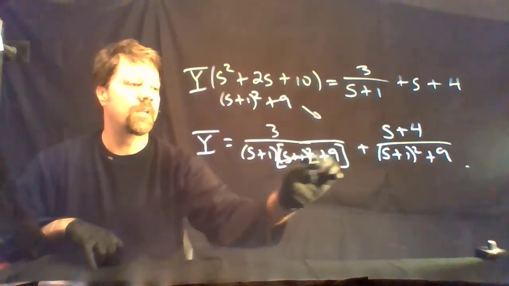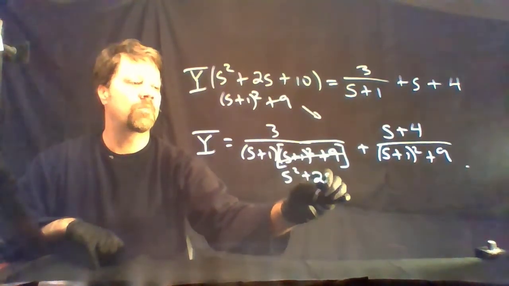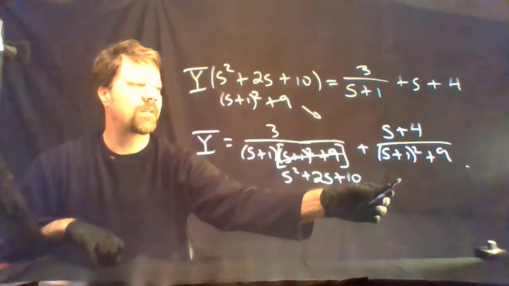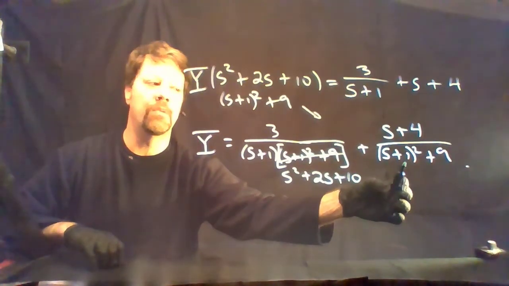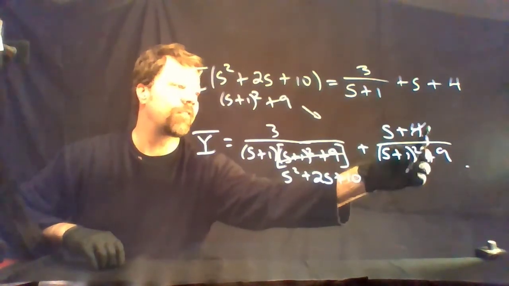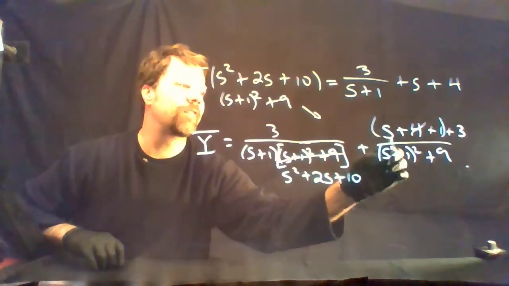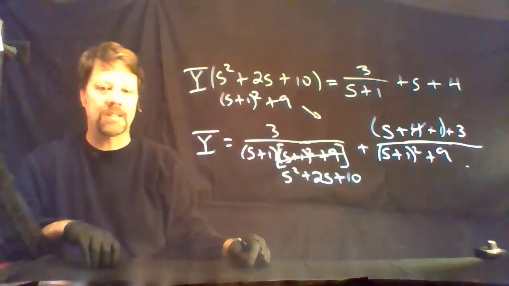In that form, it's probably easier to just write this as s squared plus 2s plus 10. On this term, we need to split this so that we have an s plus 1 in the numerator. I'll break the 4 into plus 1 plus 3. That way the first grouping can be split off and the second grouping be split off by itself.